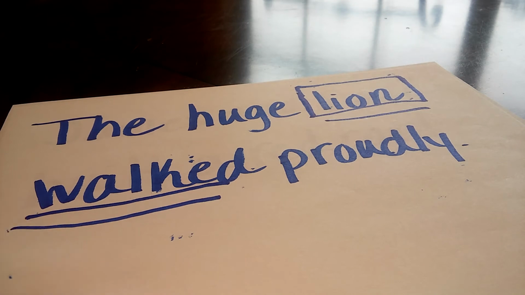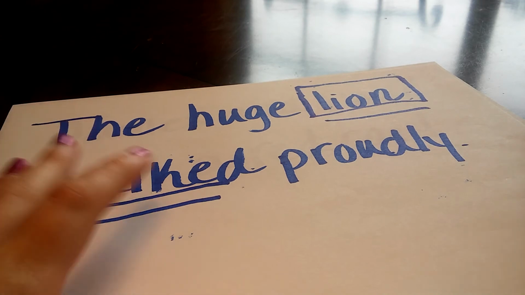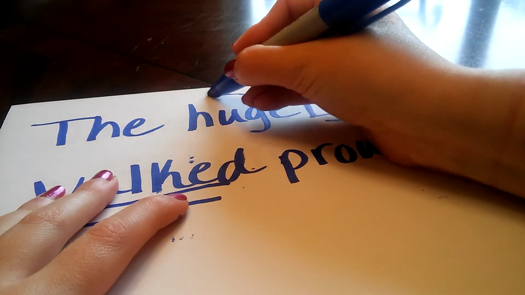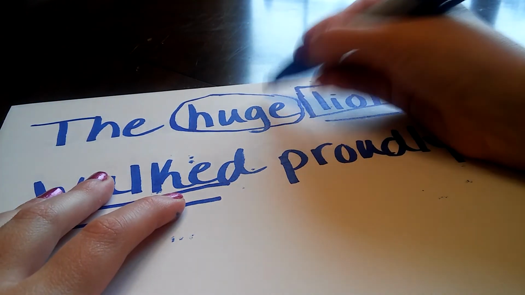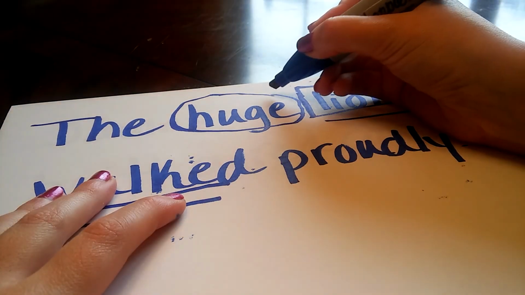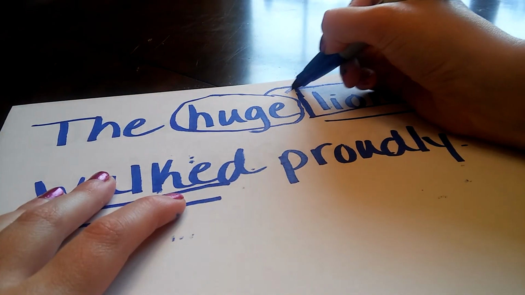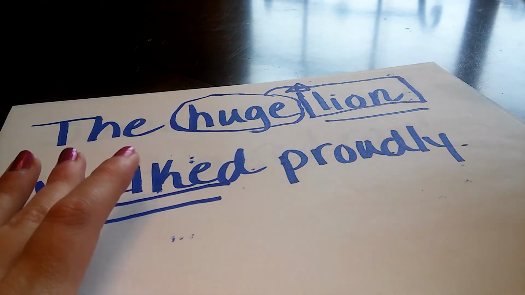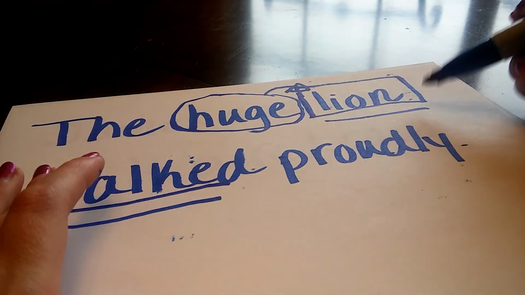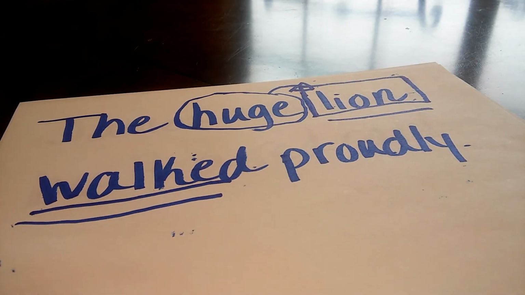Okay, we're going to look for adjectives. So, since we only have 1 noun in the box, we're going to say what kind of lion or how many lions? And the answer is huge. That's what kind of lion. And we're going to draw an arrow pointing back to lion. So, huge tells about lion. All right, our last thing we have to do is see if there's any adverbs in this sentence.